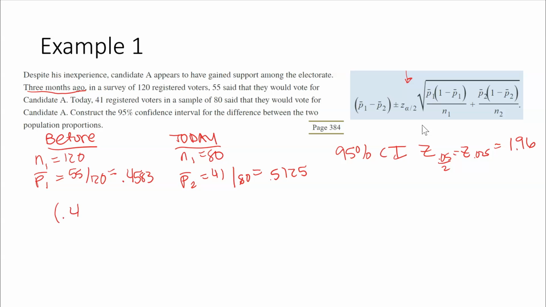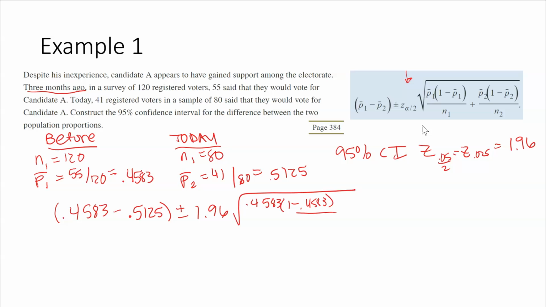So we have 0.4583 minus 0.5125, plus or minus 1.96 times the square root of 0.4583 times 1 minus 0.4583, over 120, plus, and extend your square root bar if you need to, 0.5125 times 1 minus 0.5125, all over 80.